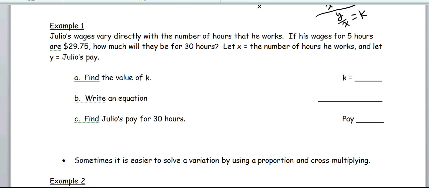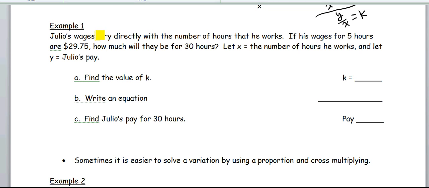Example 1. Julio's wages vary directly with the number of hours that he works. If his wages for 5 hours are $29.75, how much will they be for 30 hours? I'm going to show you the easiest way, and really the key here.